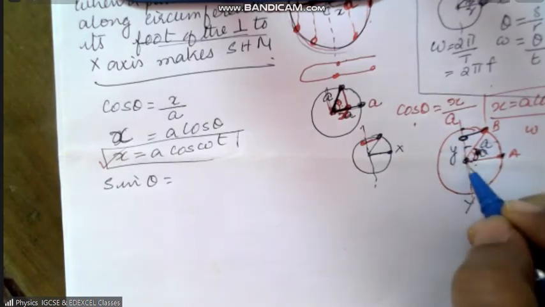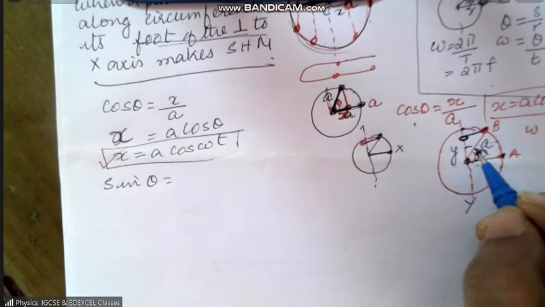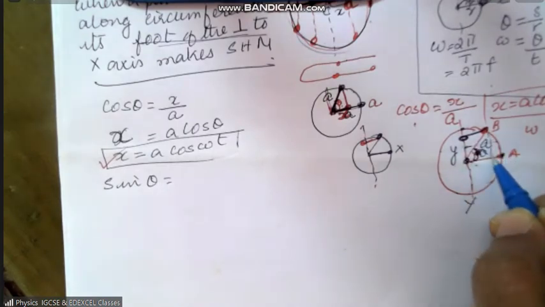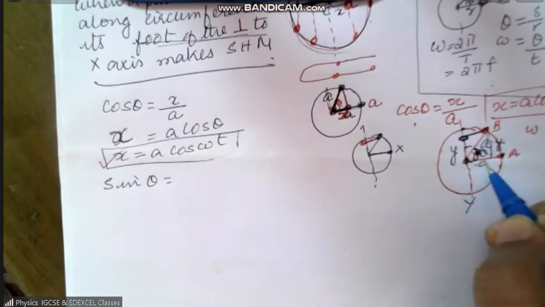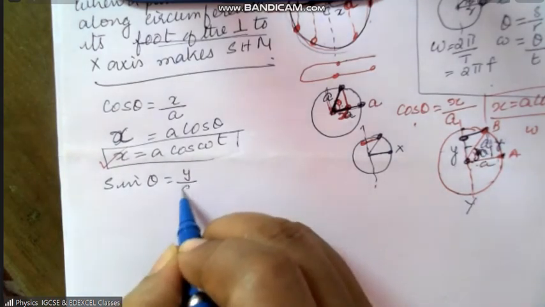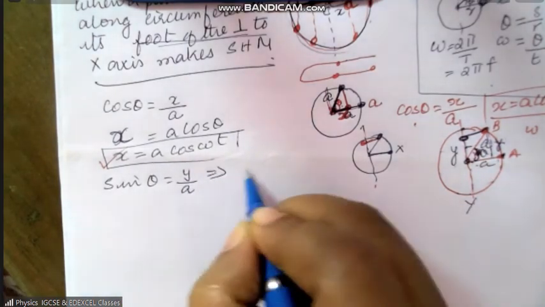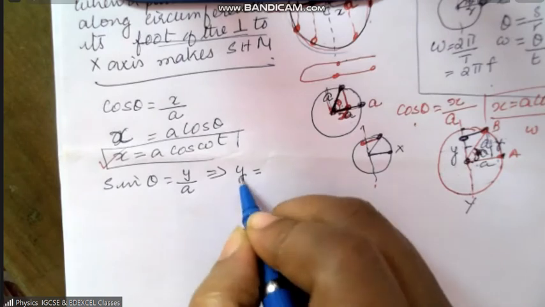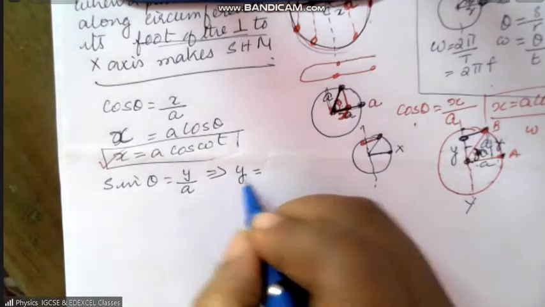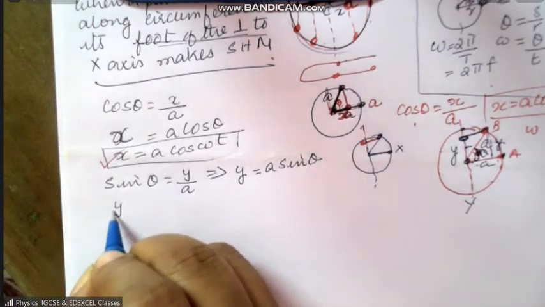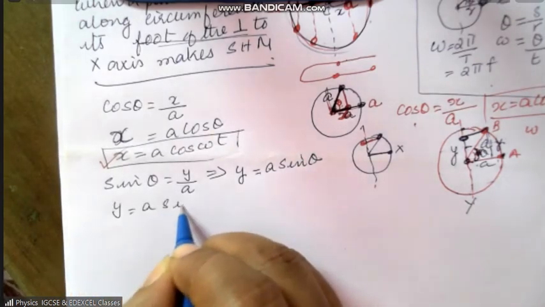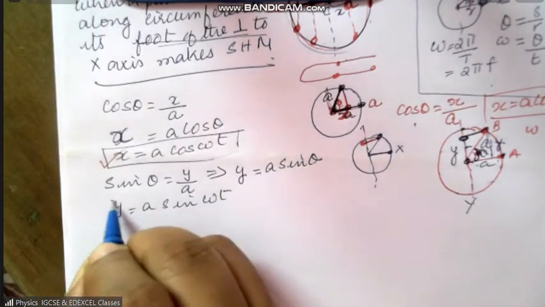This is sine theta, right? Now this length is the same as this. This is y. So sine theta is equal to y by amplitude. Therefore, displacement along the y direction, y is equal to a sine theta, which is y equal to a sine omega t.